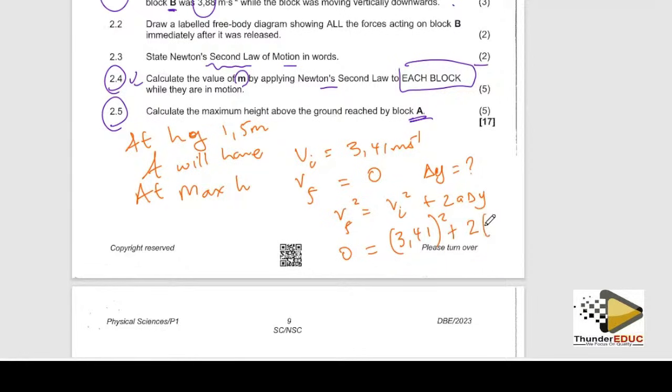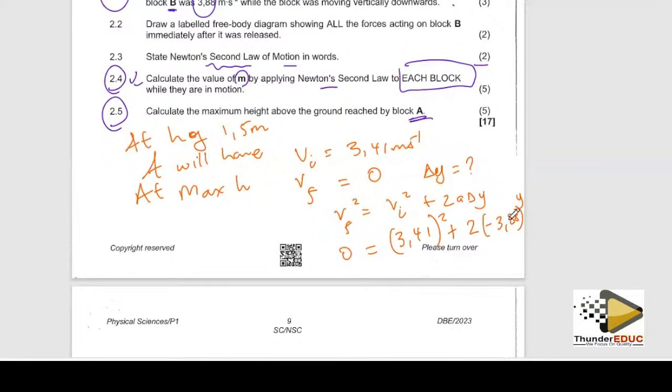So if I say plus, then I can use negative 9,8. Will it make sense? Makes sense for me to say that. Use 9,8. Why can't I use my acceleration, which is 3,8? 0.88 delta y.